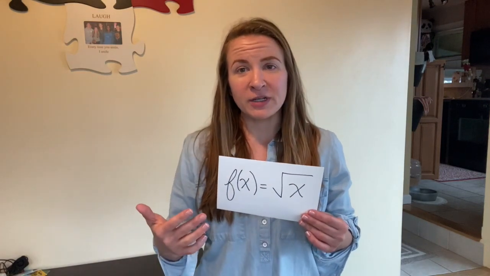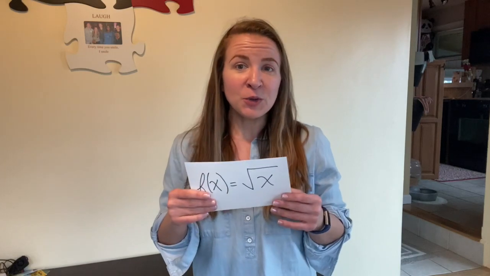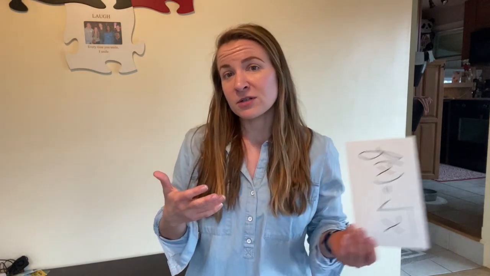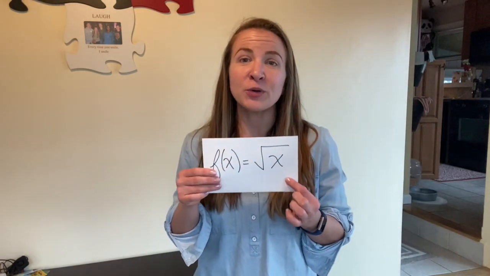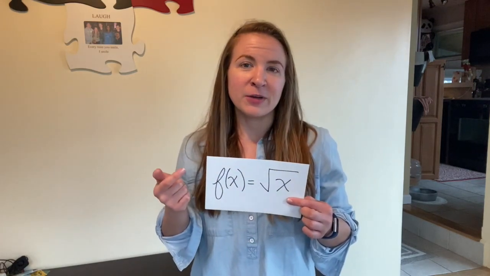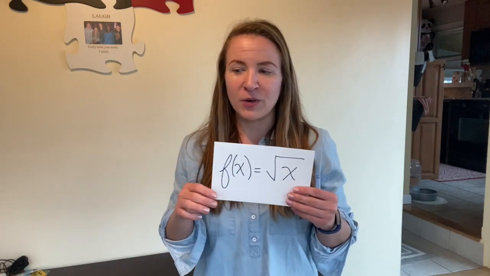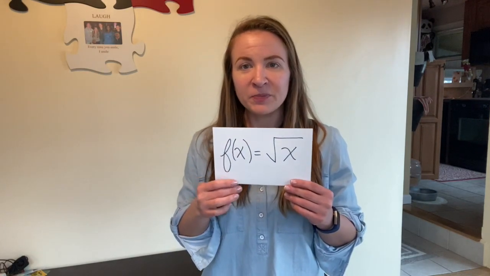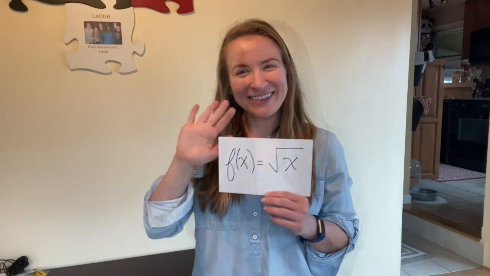Because like I told you in class, in this unit, we're not using imaginary numbers. So we can't take the square root of negative numbers. So I want you to keep that in the back of your mind as I start going through the notes and explaining everything. So let's do that now.